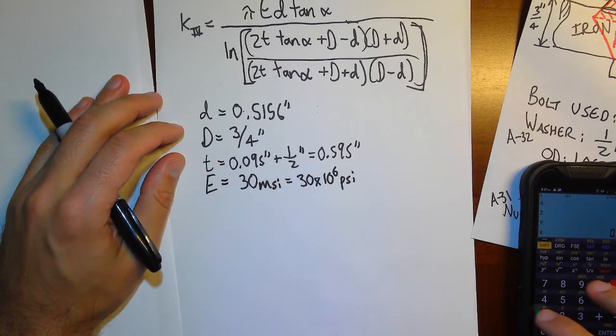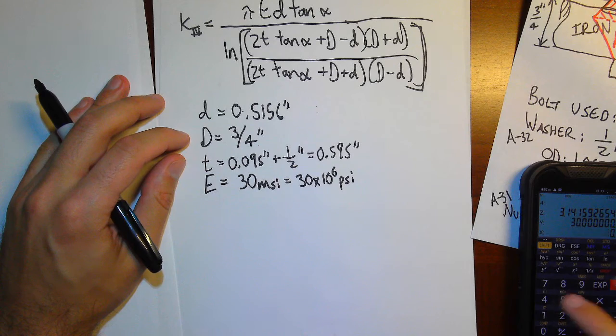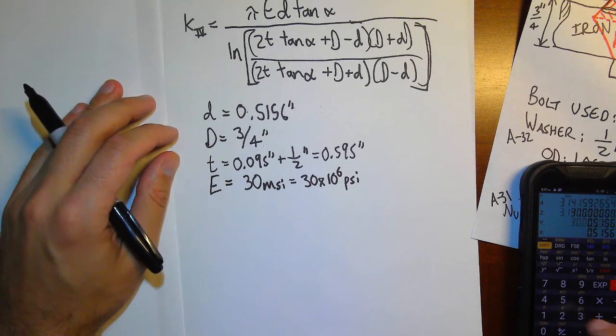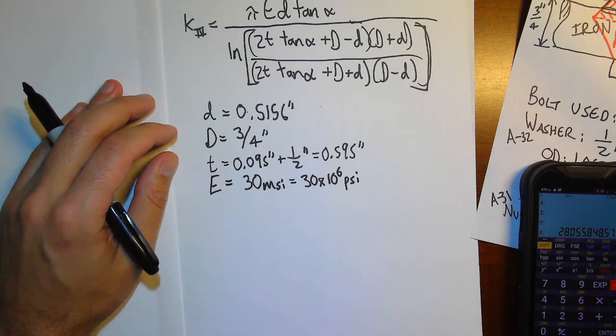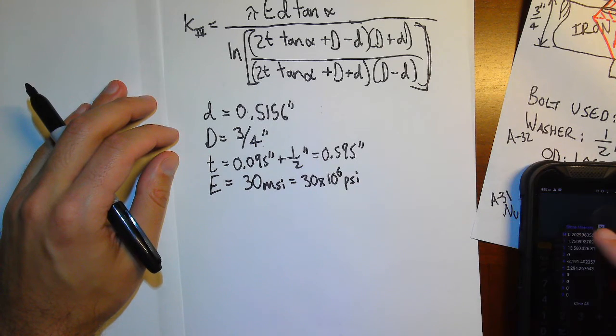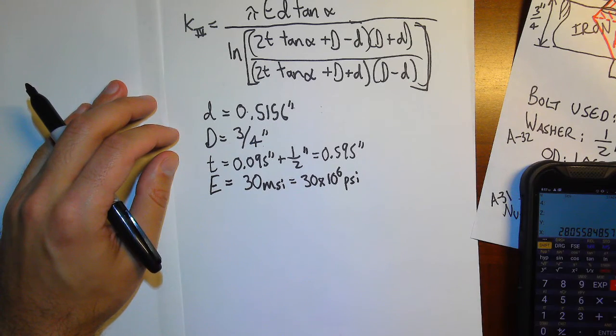Okay, so pi, 30 times 10 to the 6th, 0.5156, tangent of 30, store that in memory 1.